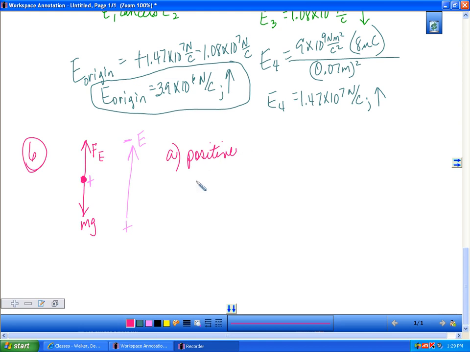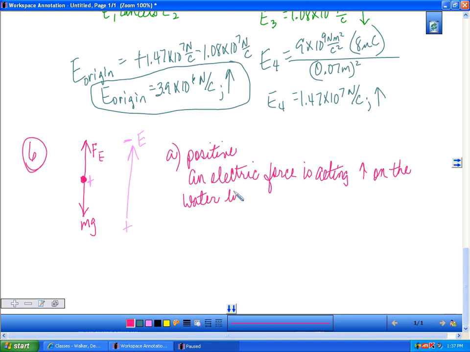And then my explanation would be: an electric force is acting upward on the water to balance gravity, pulling down. Would help if I could spell.